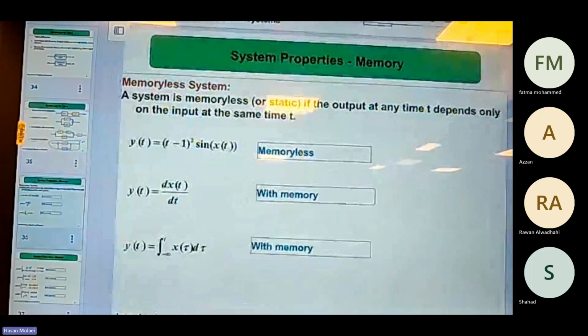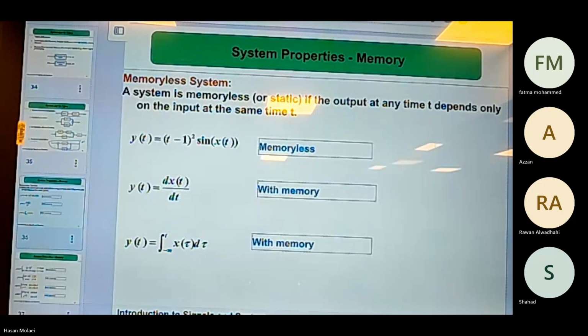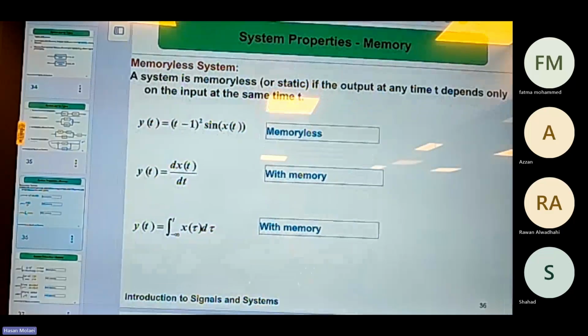Let's give you some properties of systems. A system is memoryless if its output at any time depends only on the input at the same time. Which means if I'm looking for y at time 10 seconds, it should only depend on x at 10.